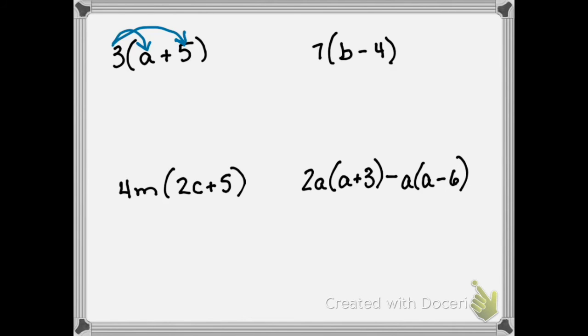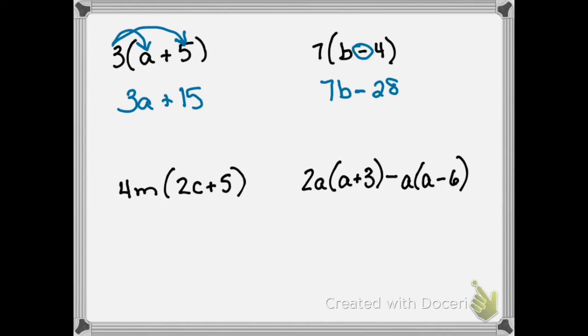So 3 times A would be 3A plus 3 times 5 would be 15. 7 times B is 7B minus here, so I've got to go minus. 7 times 4 is 28. Now if I had a negative out here, that would have turned the 28 positive.